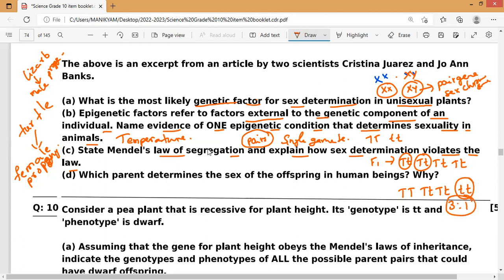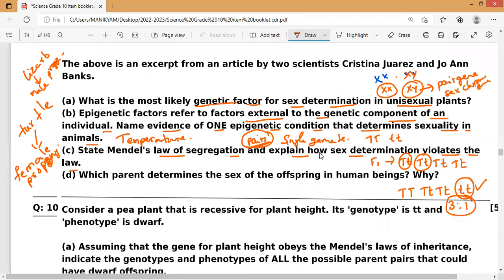In the monohybrid ratio, if you observe, the characteristic which disappears in the F1 generation reappears in the F2 generation. So that is what we call Mendel's first law of inheritance, or the law of segregation. What does it say, guys, everybody? The law of segregation, or Mendel's first law of inheritance, says that the traits of an organism are determined by internal factors which always occur in pairs, yes or no?